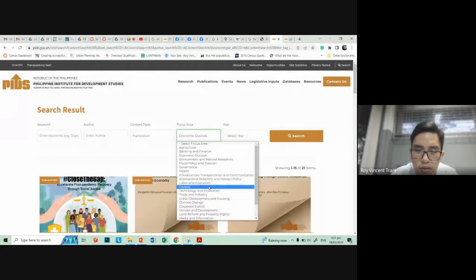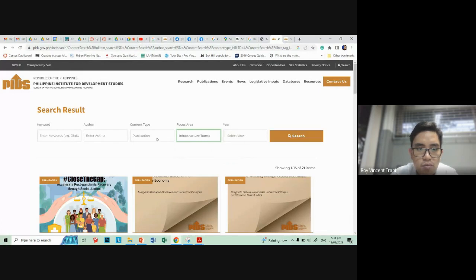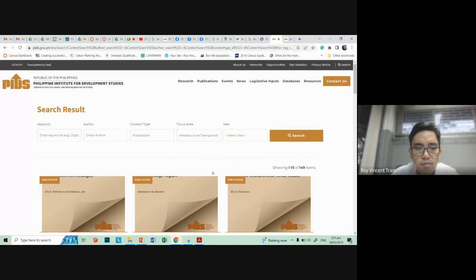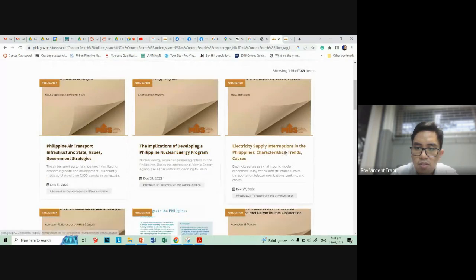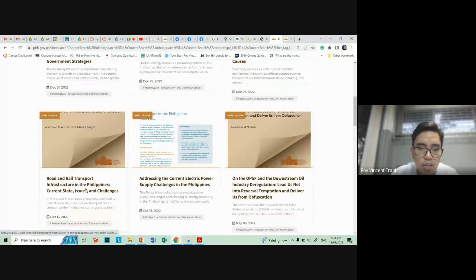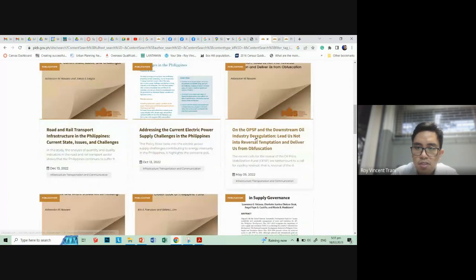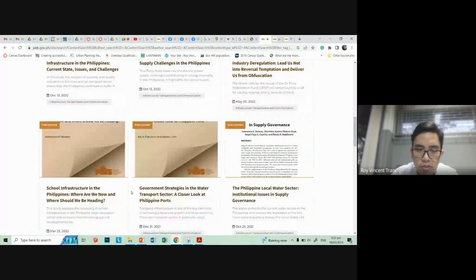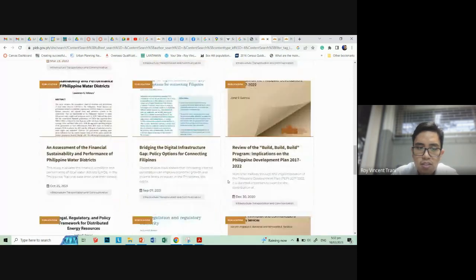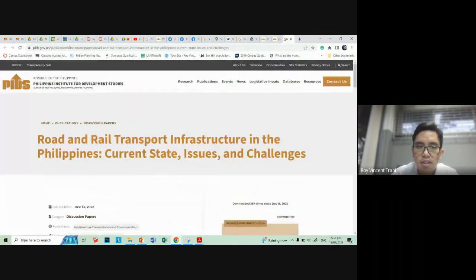So for infrastructure, transportation, and communication, let's look for publications. Philippine air transport, implications of developing a nuclear energy program, electricity, road and rail transport. This might be interesting. OPS, downstream industry regulation, school infrastructure, government strategies. Let's try looking at this one.